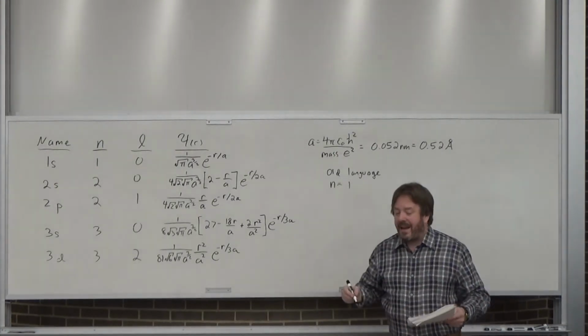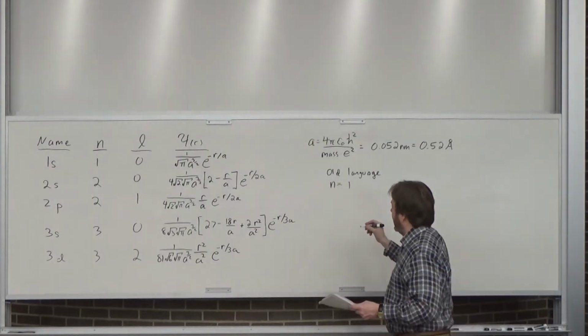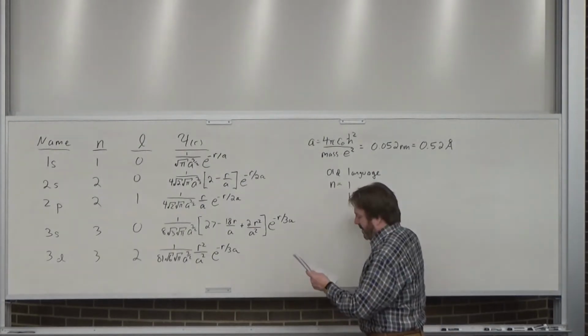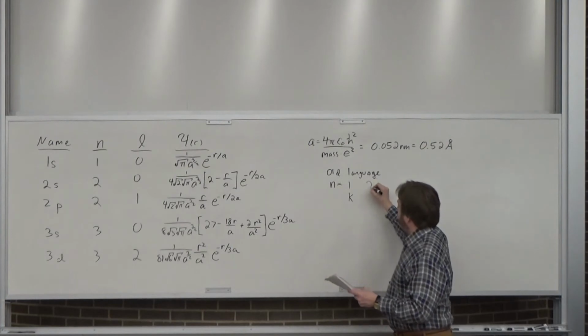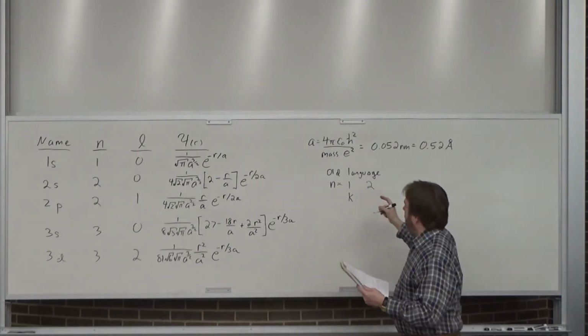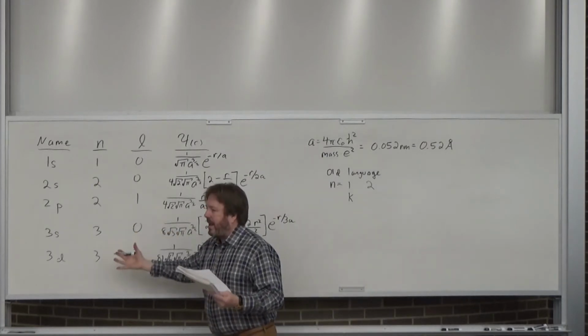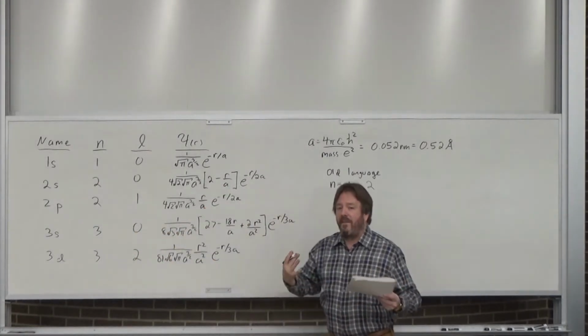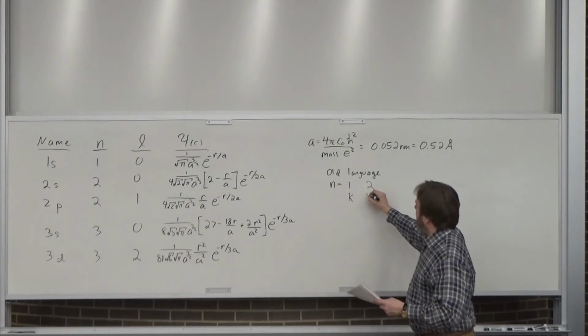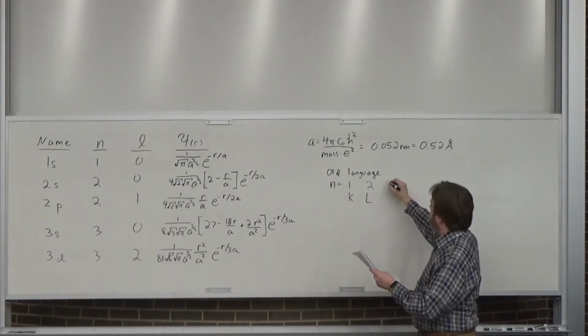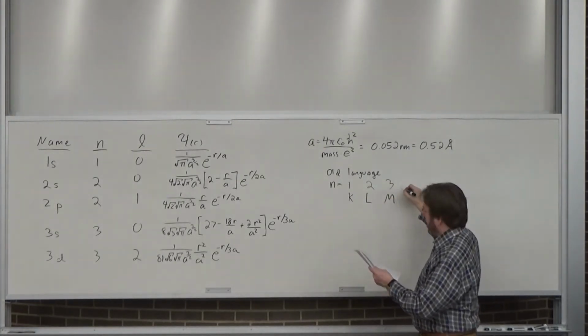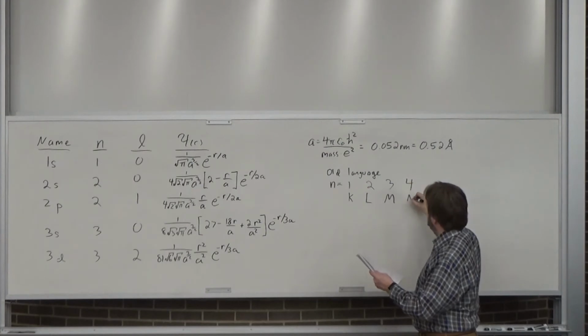Okay, so I swear to God, I see this all the time, so I gotta tell you about it. This is often called the K shell. And n of 2, so again, we could be talking about hydrogen excited state, or we could be talking about the electronic structure of heavier atoms. n of 2 is called the L shell, 3 is the M shell, 4 is the N shell.